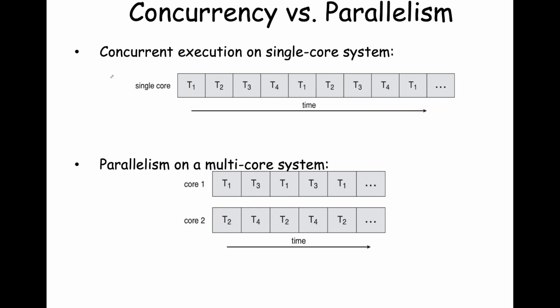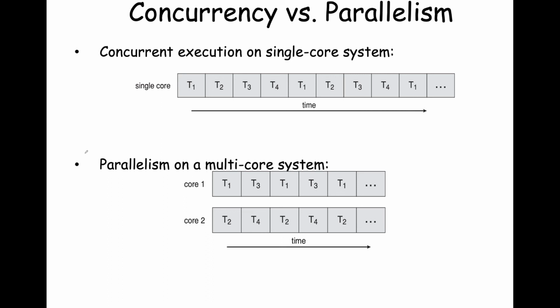It gives the illusion that they're operating at the same time, but they aren't really running at the same time. They're just alternating with fractional usage of the CPU, and in doing so, each one is making progress as time continues forward. The second example, and I'll direct your attention to the figure on the bottom, is parallelism, and this parallelism is on multi-core systems. So that means physically these tasks are happening at the same time.